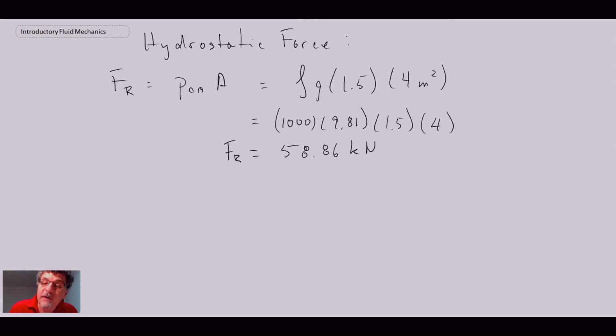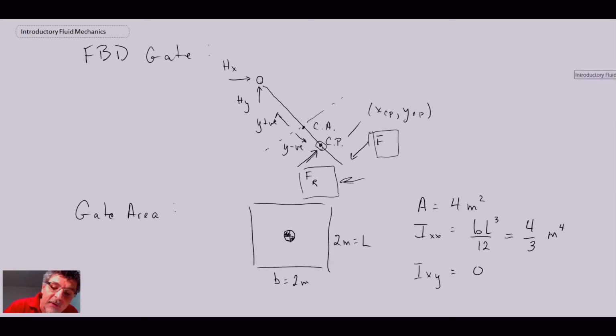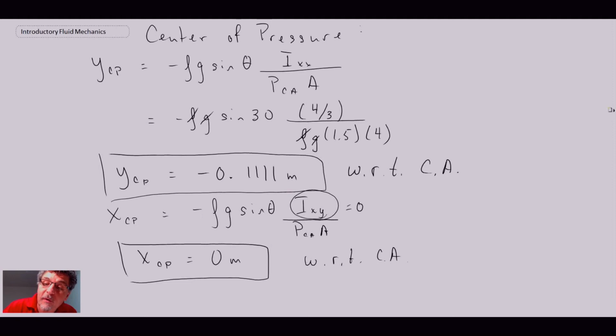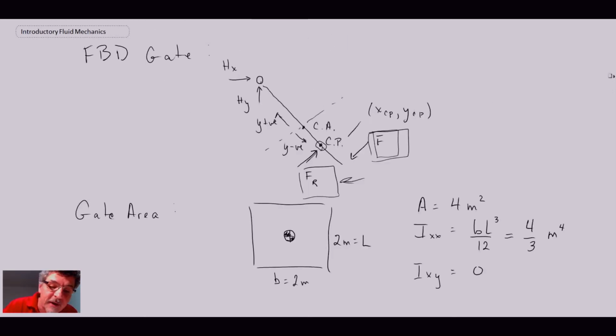Now, if you recall, the thing that we're after is this force here in order to keep the plate shut. So we're trying to find this force. This was the unknown thing. We know everything else in the problem, so we're going to go to statics again, and we're going to sum moments about the hinge. Because if you look back here, why are we doing that? Well, think about with statics. Whenever you do statics, we don't know Hx, Hy.